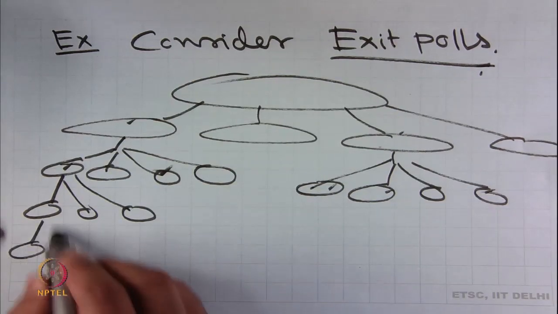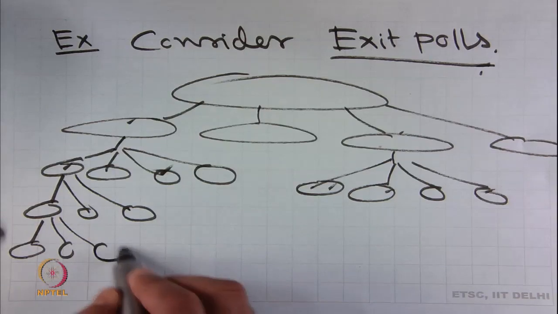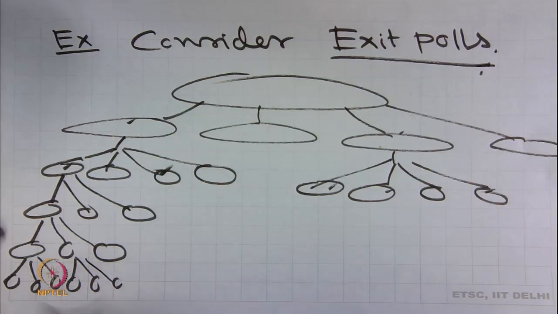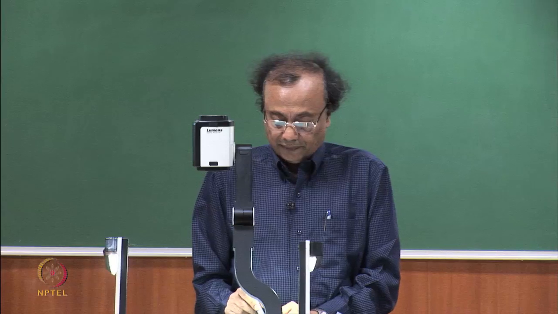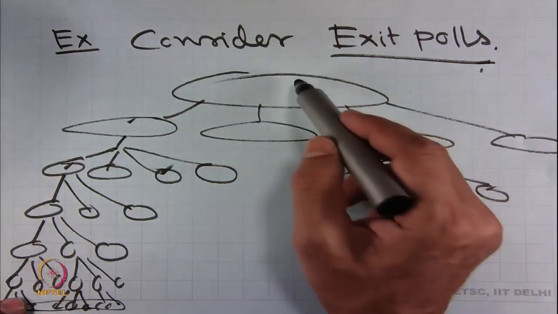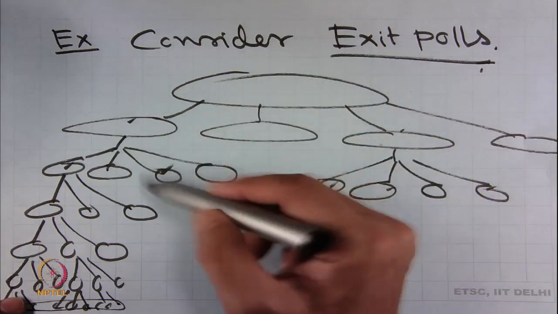Within the subdivisions there may be different blocks. Within each block there may be several booths. Within each booth there may be several voters. We need to take the opinion of some of these voters to predict what is going to happen.